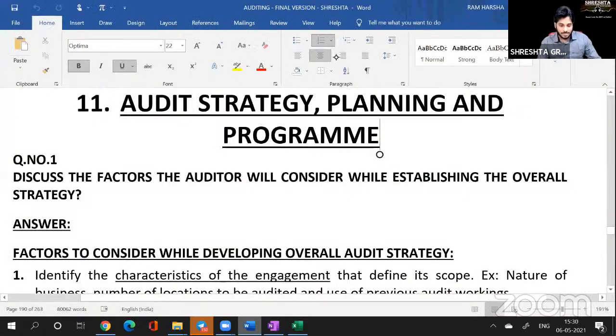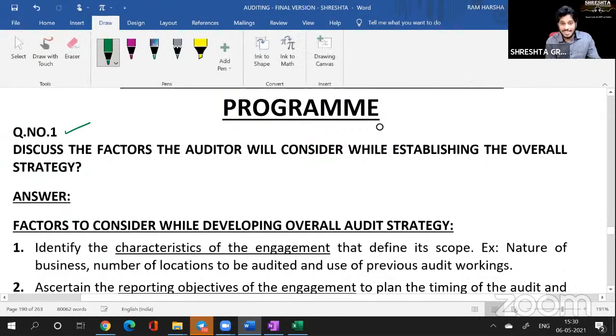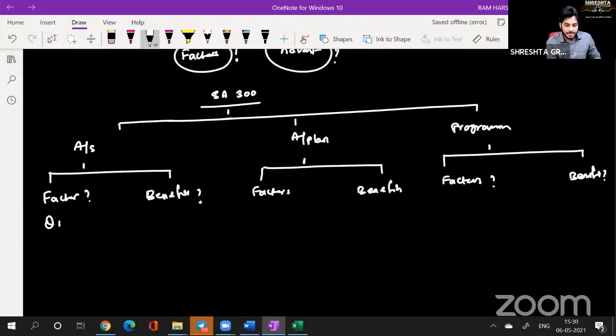Now if you observe question number 1 in the material or PDF I'm using: what are the factors the auditor will consider while establishing the overall audit strategy? So factors are given under question number 1.